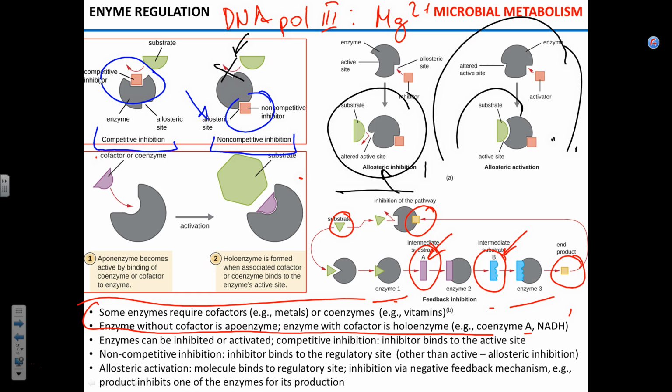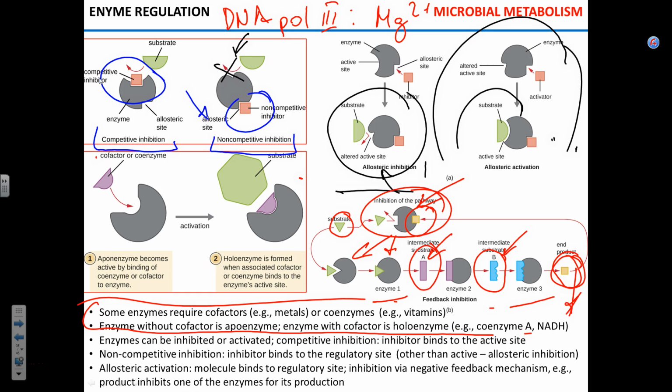Now, if you accumulate too much of a product, it may bind directly to the first enzyme in the row, and inhibit it. Inhibit the entire pathway. Does that make sense? Because when you inhibit that first enzyme, which is essentially this one, okay, the accumulation of the product will decrease.